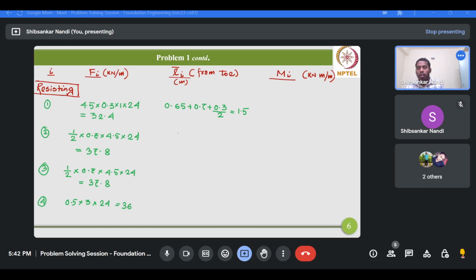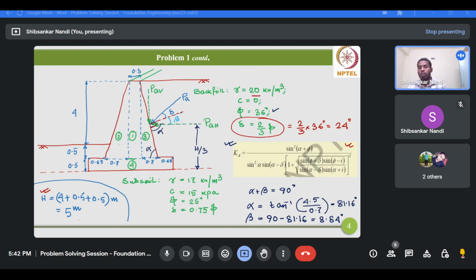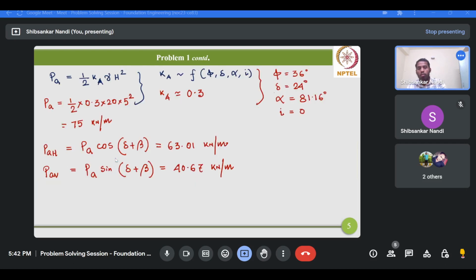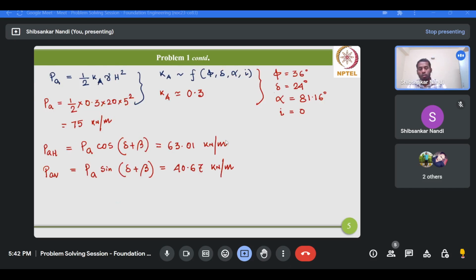Now what is the lever arm of these two components? The lever arm will be at a distance of 0.65 plus 2/3 of this 0.7. If you have any doubt, please let me know.